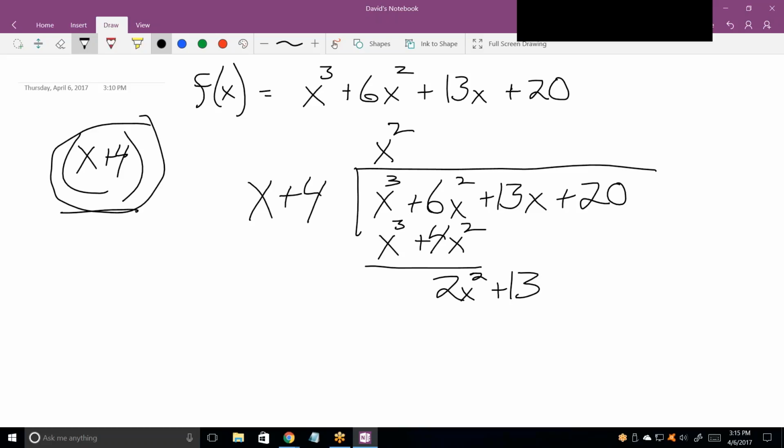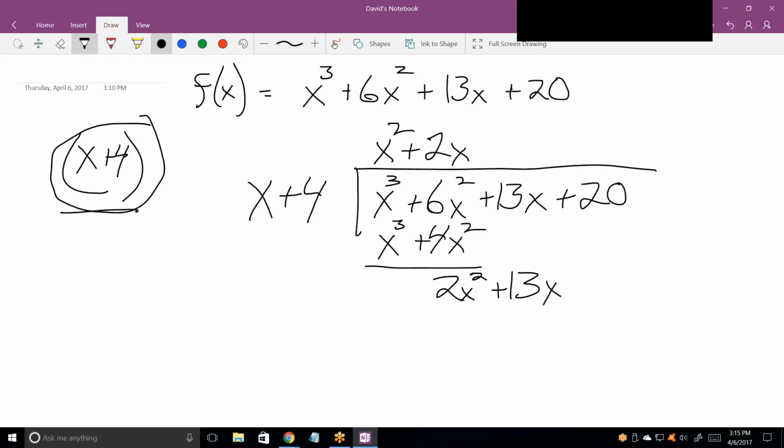Plus 13x. And now repeat. Again, divide that into that: 2x. It's a plus 2x, and you need the plus or minus sign here because this is part of a polynomial. We can't just ignore the plus.